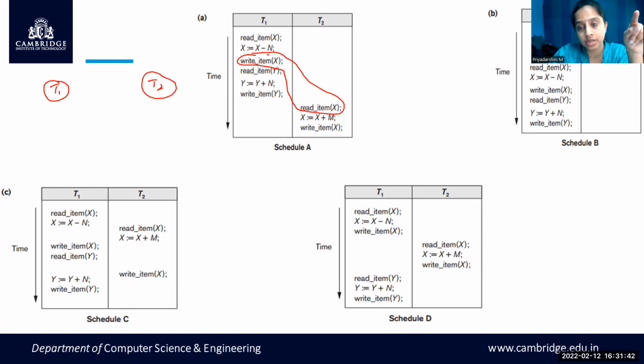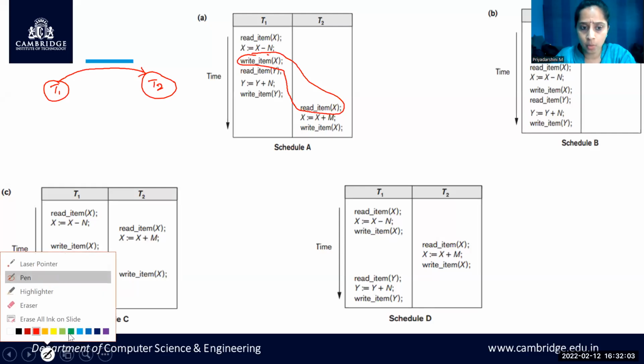That is the T1 transaction. From the T1 transaction's write operation to the T2 transaction's read operation. Both are operating on the same object. So the graph will go like this.